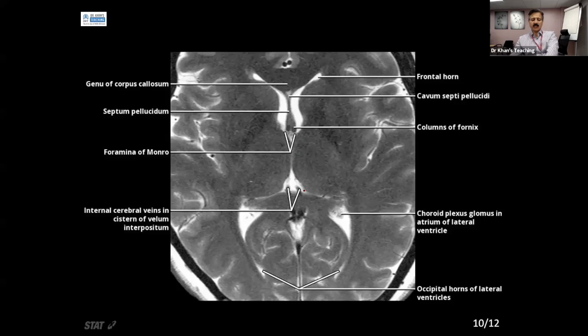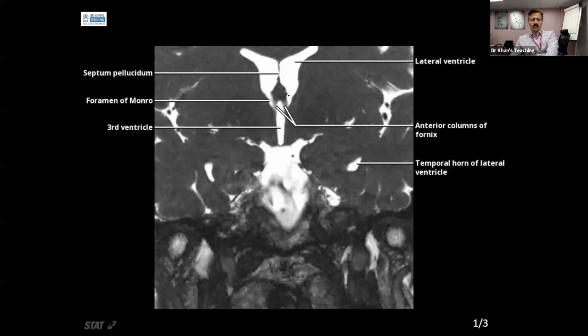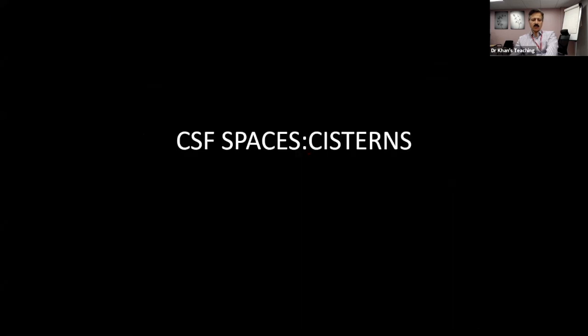And in the exam, they will come with dural venous sinus thrombosis. So you have to know this anatomy. So just a relevant coronal where you can see this foramen of Monro, which is draining into the third ventricle. And this is the third ventricle.